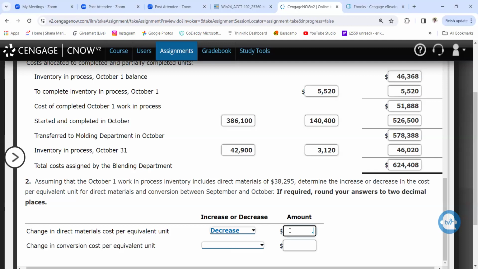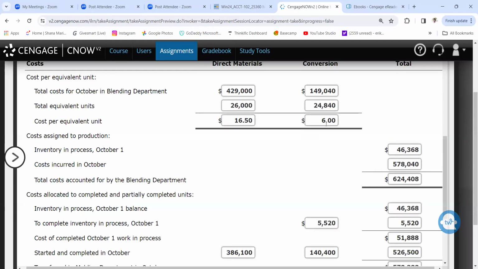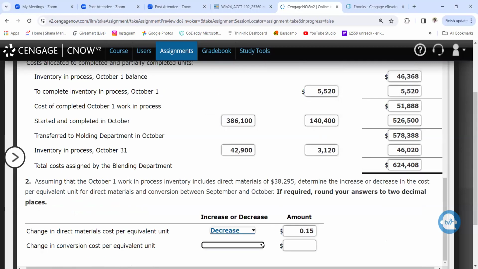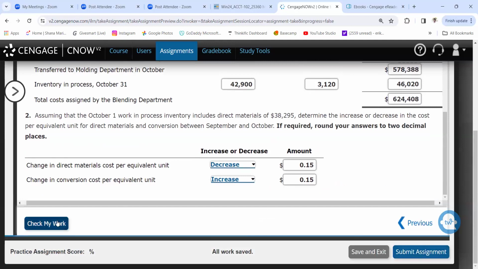You're right, 15 cents. Now conversion, it's 6 this period, last it was 5.85, so it's increased by 15 cents. So they did a trade-off. And this is what you will want to research. So let's check our work.